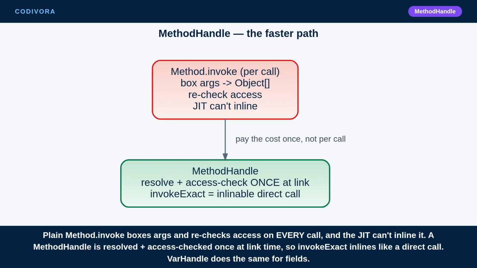Then invokeExact is something the JIT can inline like a direct call, with no per-call boxing or access check. Pay the cost once, not every time. VarHandle is the same idea for fields, and it's the modern, safe replacement for the old, unsafe atomics. That's the performance answer in one line.